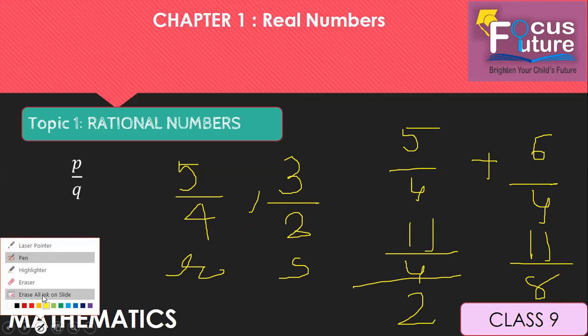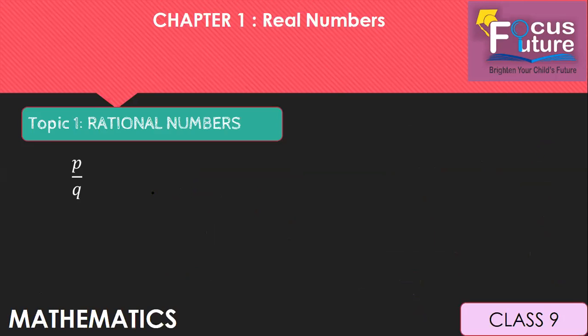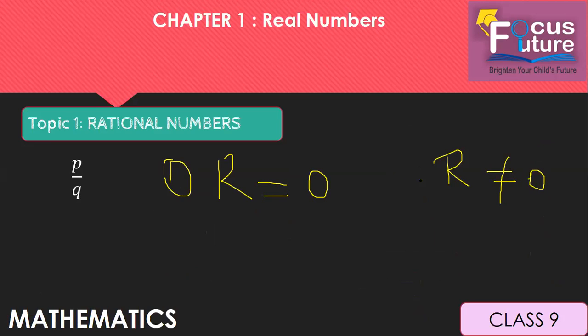Now the representation of these rational numbers in decimal expression. The first case would be when your remainder is 0. Another case is when the remainder is not equal to 0. So when the remainder is equal to 0, let's say for example, I'm taking the case of 1 by 2.